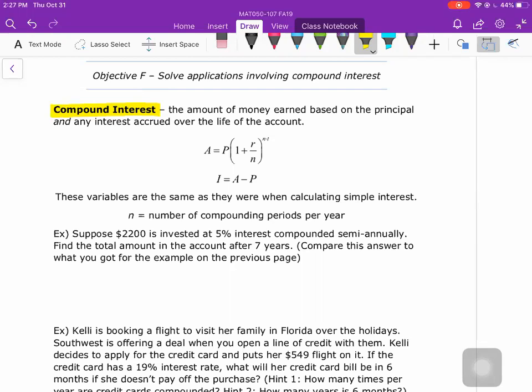So let's use an even more simplified example. I decide at the beginning of the year that I really want this new pair of shoes. They cost $100. Okay? Are you guys with me? Yeah. Okay. So if the new pair of shoes costs $100 and I charge it to my credit card, let's say my credit card is going to charge me 10% interest.